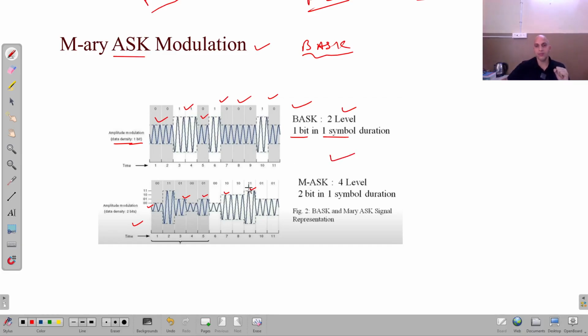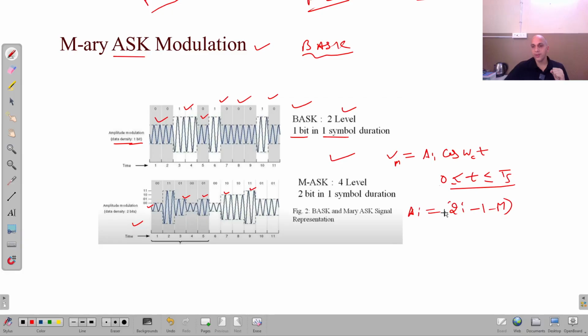Now in actual, we know very well that I can represent an M-ary modulated wave as Ai cos of omega c t, where t is taken for the time period of 1 cycle, that is 0 less than or equal to t less than or equal to Ts, and Ai is given as (2i minus 1 minus M) d, where i goes from 1 to M, whatever the value of M we are taking.